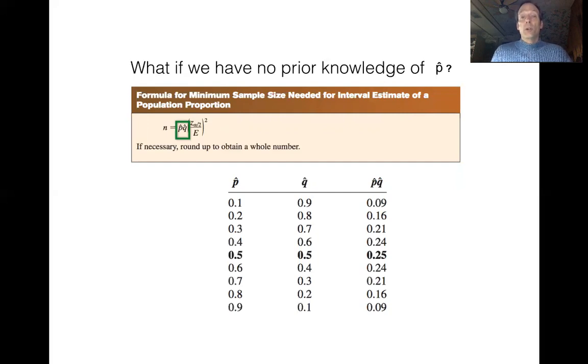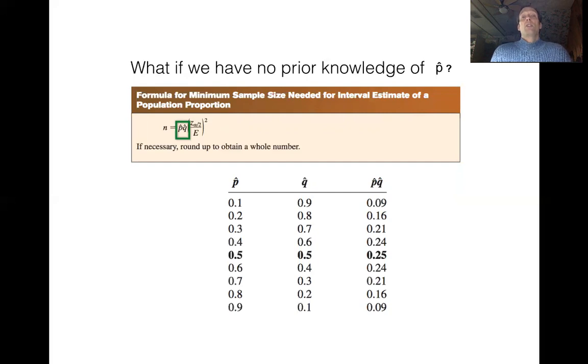That's really helpful to us because when we look at the formula, it means if we use those two values for p hat and q hat, and we're multiplying against z alpha over 2 divided by e, squared, that resulting number is going to come out the highest when we assign the values of 0.5 for p hat and q hat. And there's a really awesome practical connection too.